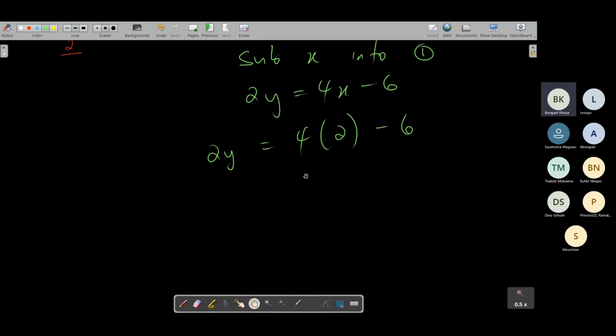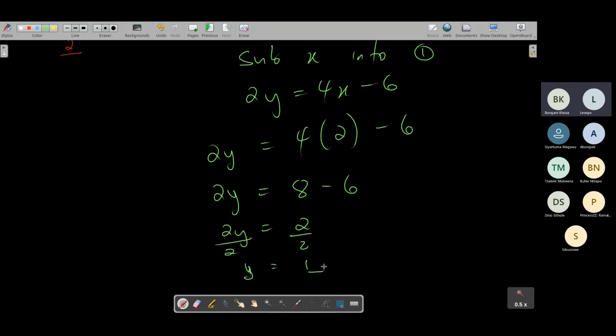Then from there, I now only have one variable. Can you see that? Only y is left. 2y equals 8 minus 6, so 2y equals 2. Divide by 2, divide by 2. My y is equal to 1.